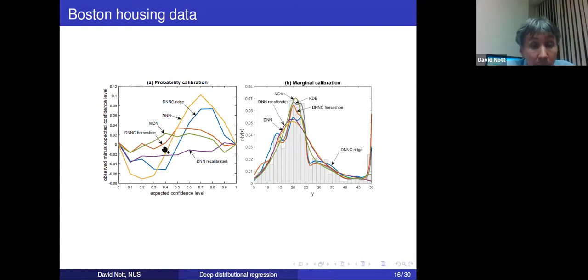The horseshoe prior is, as you know, a commonly used sparse signal shrinkage prior where there's a scale mixture of normals representation. We're making use of that here to get the conditional Gaussian prior we need in our implicit Copula construction. This brown line is for the deep neural network copula with the horseshoe prior, and that has pretty good probability calibration.